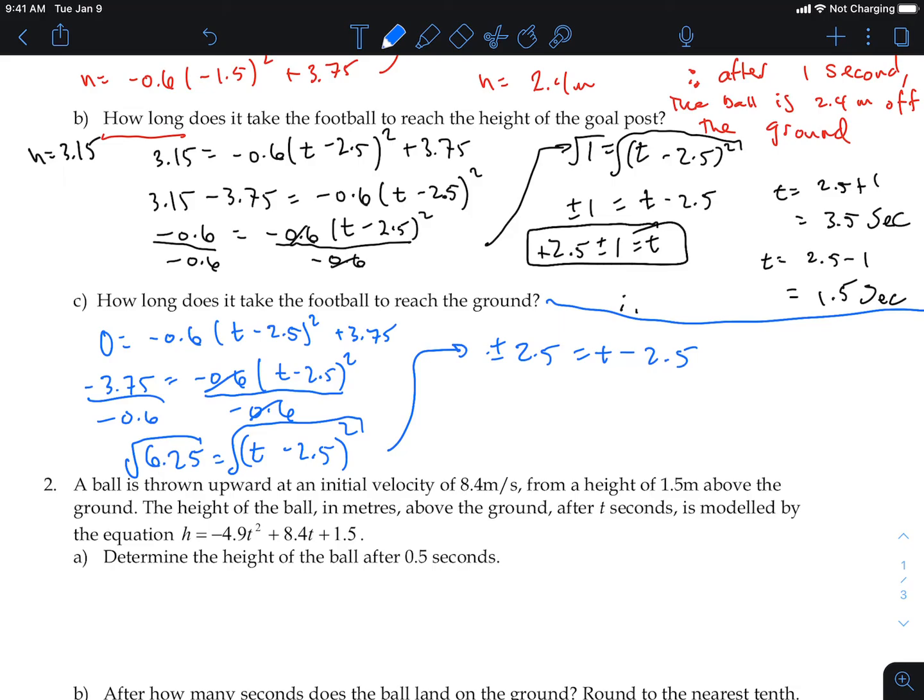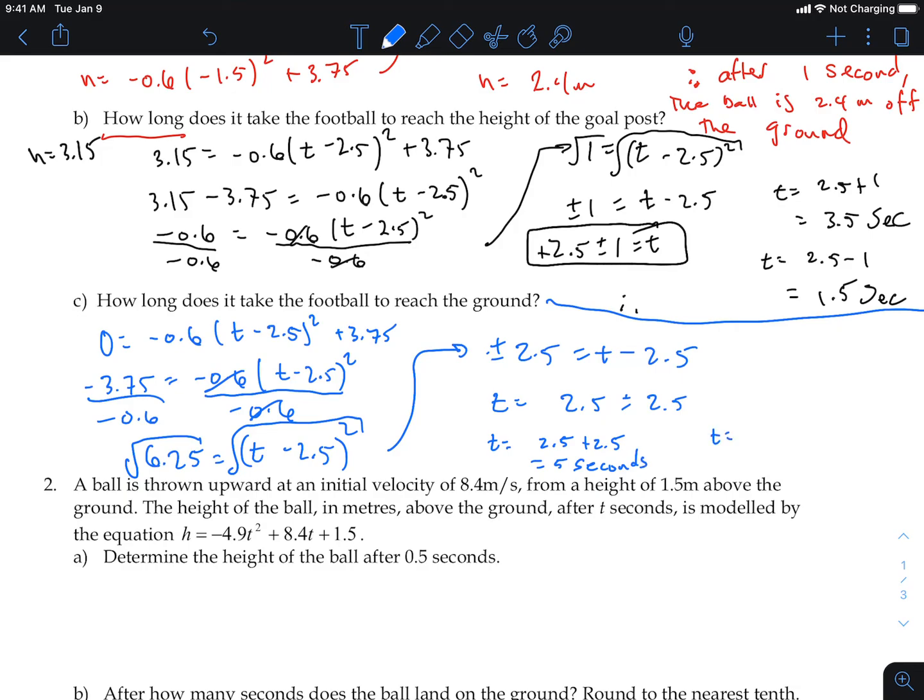Again, I had a little scary thought there. I was like, oh, I don't know if this is going to work, but just trust the math. Keep going. I got to add 2.5 to both sides to get t by itself. So t equals 2.5 plus minus 2.5. So t is equal to 2.5 plus 2.5, which is equal to 5 seconds.